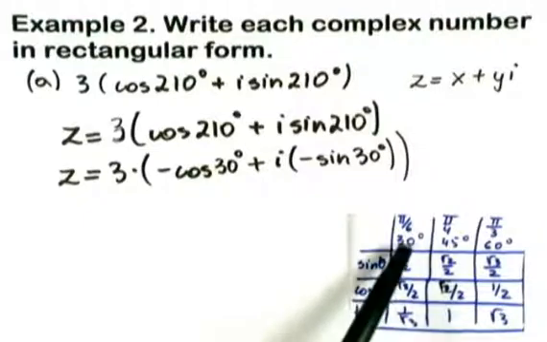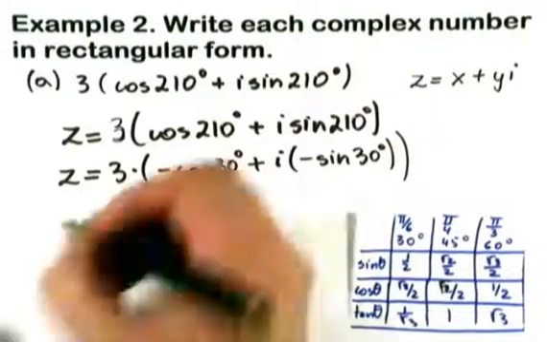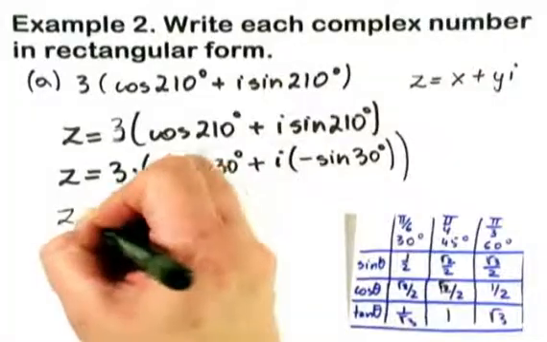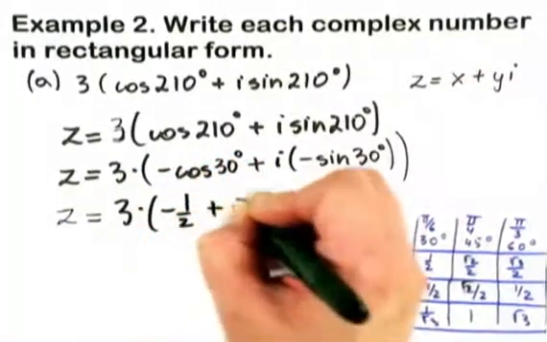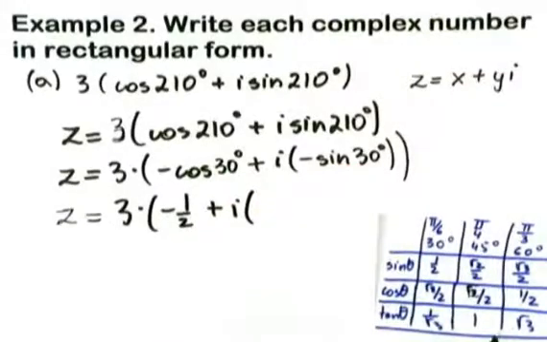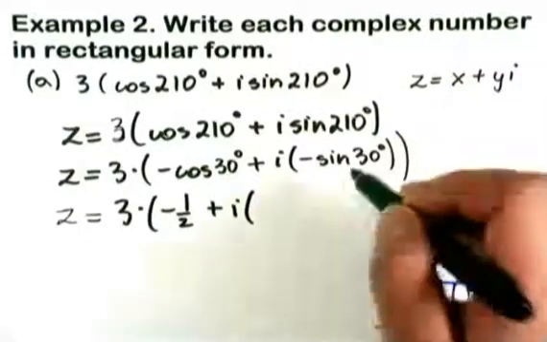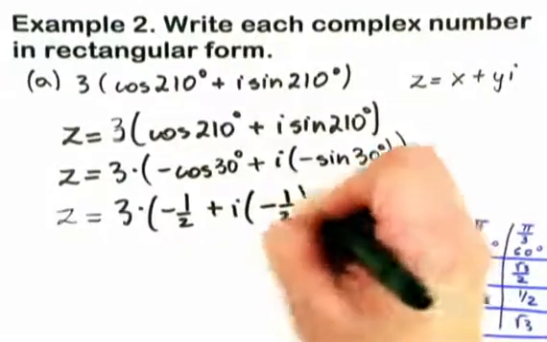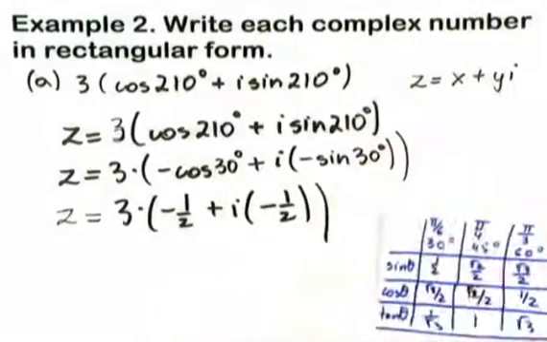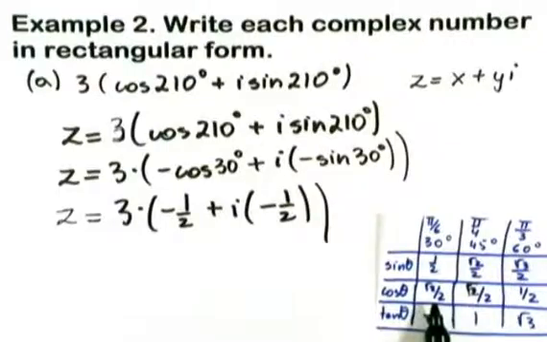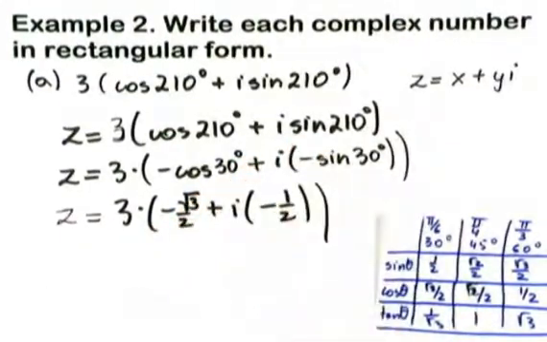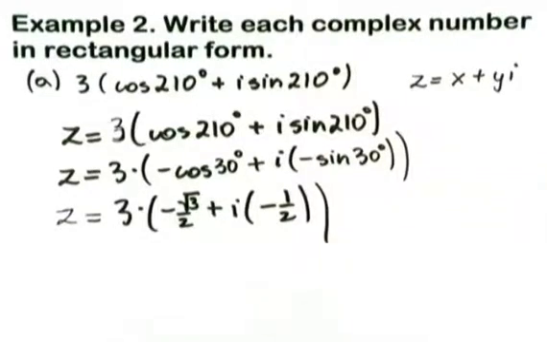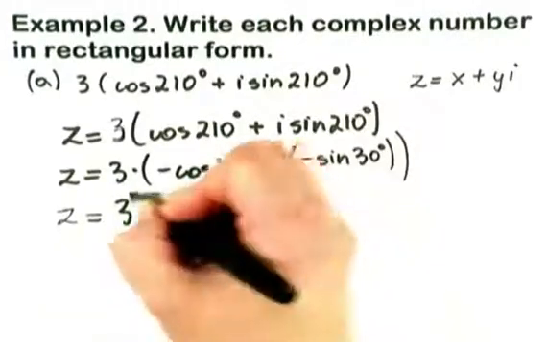So sine 30 degrees is 1/2. z is equal to 3 times minus cos 30 degrees, which is root 3 over 2, plus i times minus sine 30 degrees, which is negative 1/2. Now we can multiply out and work this out. We distribute this 3.